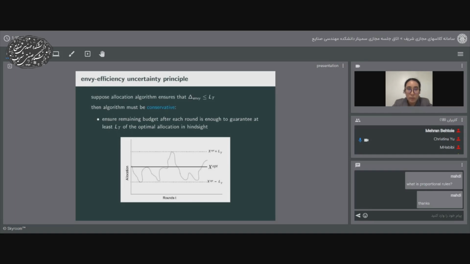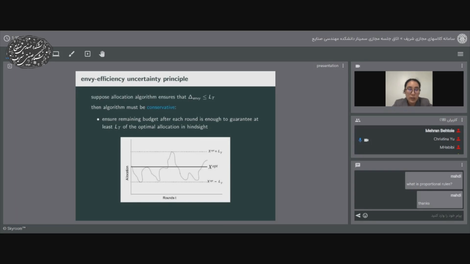Of course, you should remember that this line is a random quantity. There's some stochasticity in it due to the stochastic demand. But this delta NV condition means that whatever my algorithm allocates has to stay below x opt plus LT or above x opt minus LT. So because my delta NV is constrained, I have to keep my algorithm within these two guardrails.